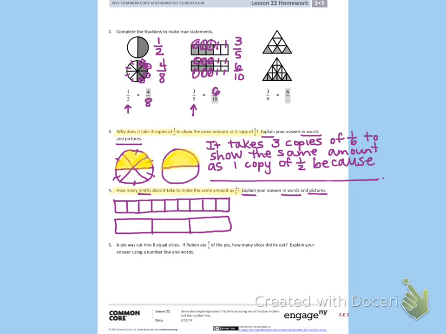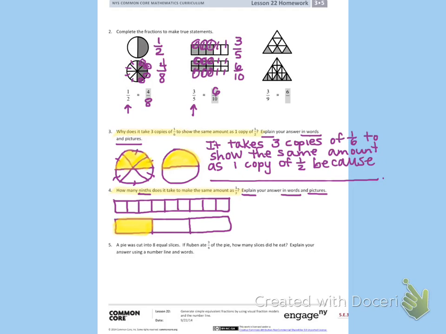Now it says how many ninths does it take to make the same amount as 1/3? So I'll go ahead and shade in one of the 3 parts, or 1/3 of the rectangle. Now you need to shade in the number of pieces in the rectangle above that would be the same as 1/3 of the rectangle below.